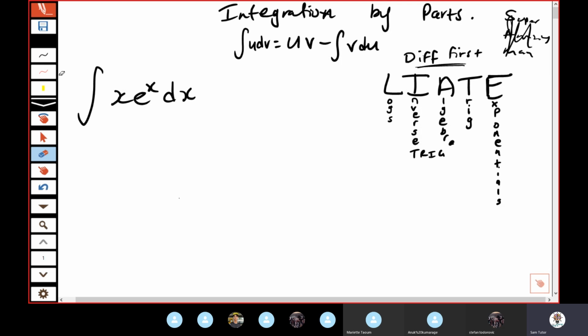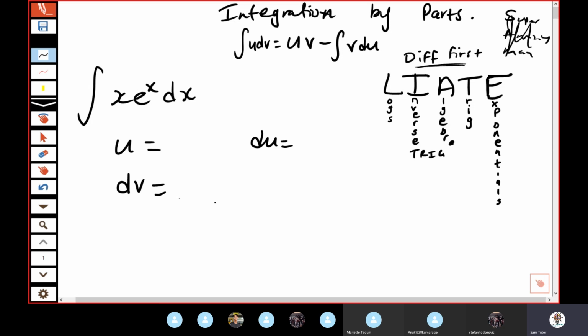The way I like to write my integration by parts is something like this. u equals, dv equals. So u, then dv. Then you're going to write du right next to it.